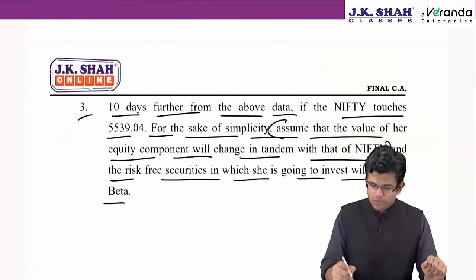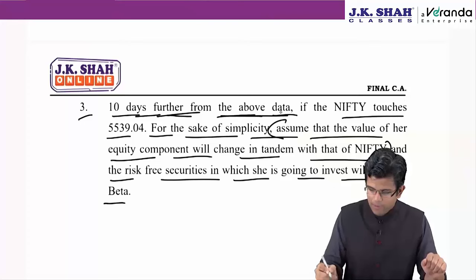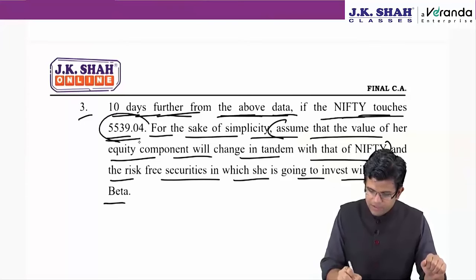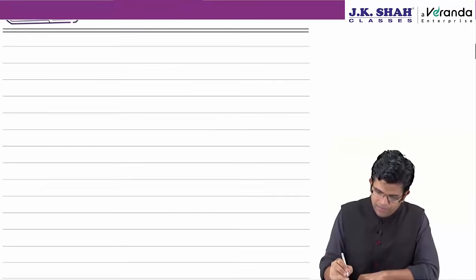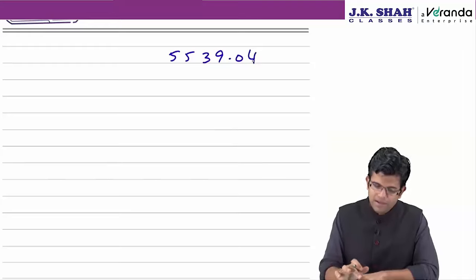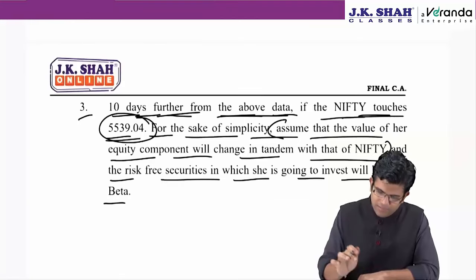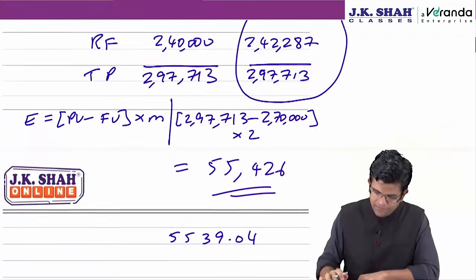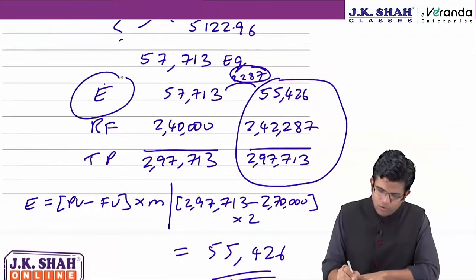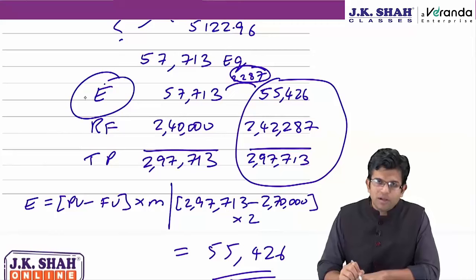Let us now go to point number C, that is point number 3. The last point, students, they are saying 10 days further from the above data, if the Nifty touches 5539.04, then how should you rebalance? That is the question, correct? Students, if the Nifty touches 5539.04, do you realize the equity component will now undergo a change?